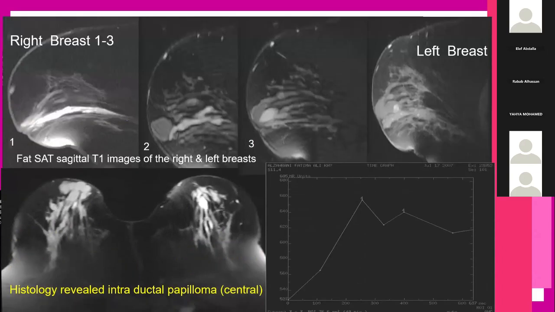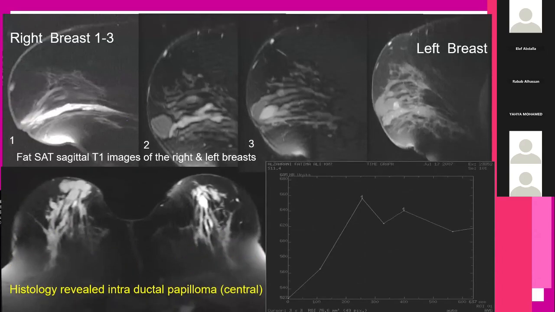So we proceeded to MRI, and the MRI here demonstrates what? High density material within these dilated ducts, right and left. But on the left side, it seemed to be focal, while here almost the whole duct contained proteinaceous high T1 material.